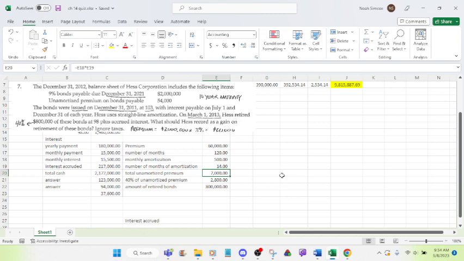Wait. I'm so stupid. How did I mess that up? I did this times this. That's the total amortized premium, not unamortized. So the total amortized premium is this.